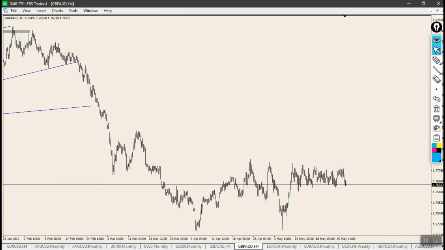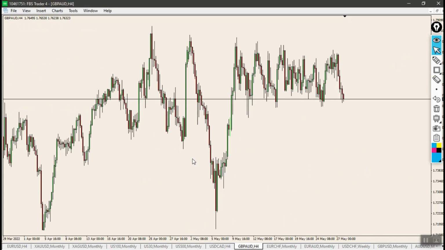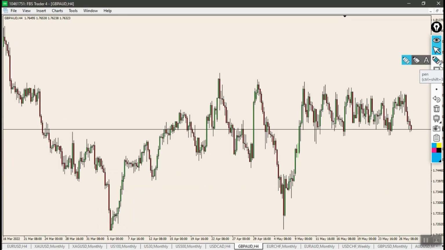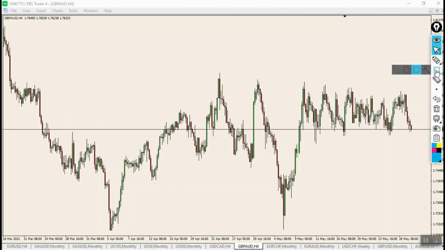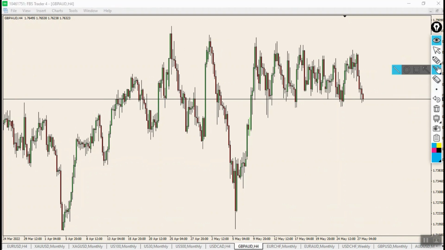Now on the 4-hour chart, like we said, we do have a double bottom here. Let me zoom in. Yes, here we are. We do have a zone here where we have the double bottom. We have a large rejection here, but also right now as we speak, the current price has printed out, or rather, let me move this chart so that we have more clarity.